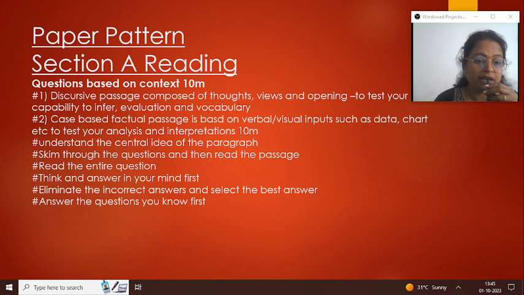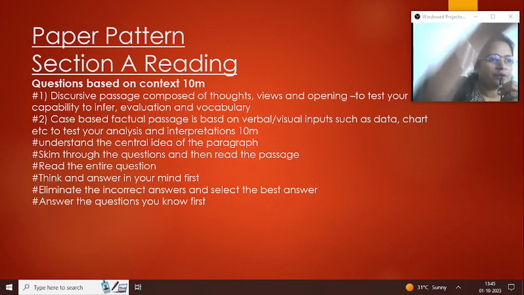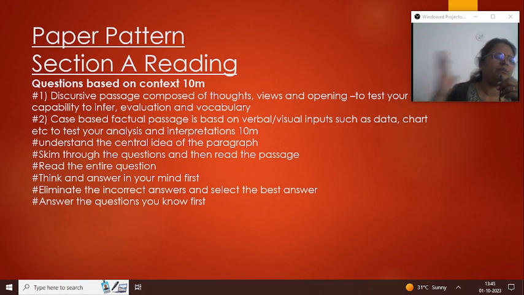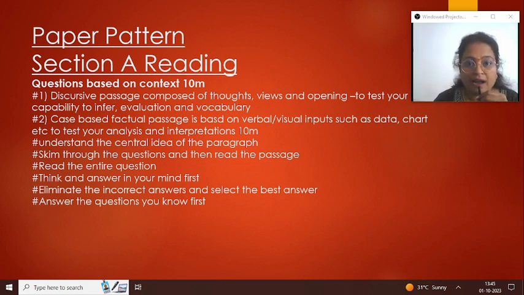If you read thoroughly, for an 80 marks paper, that is sufficient. So what you have to do is go through the questions first. That is the second point: skim through the questions and then read the passage. If you remember, in the class also I have told you, first read the questions, then go to the passage, read the passage, and then you'll be able to solve the questions quickly, right?